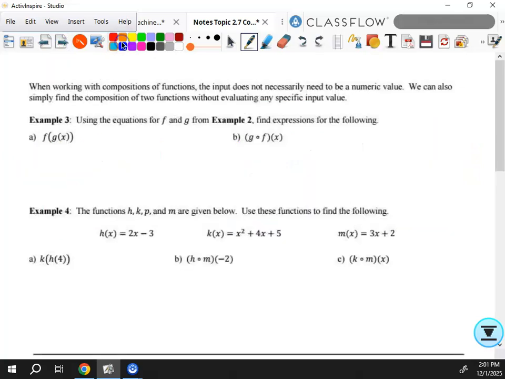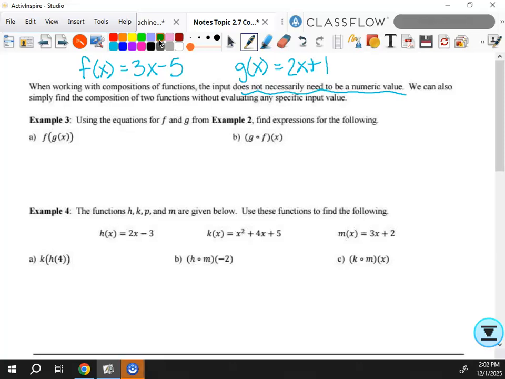So then, when we're working with compositions, the input does not necessarily need to be a numeric value. We're going to use the same functions we just used, so let's rewrite them. F of x equals 3x minus 5, and g of x equals 2x plus 1. All right.